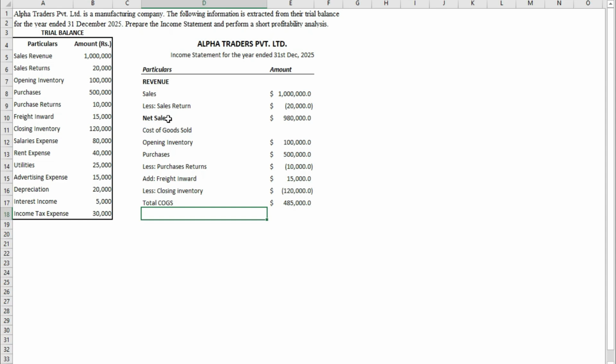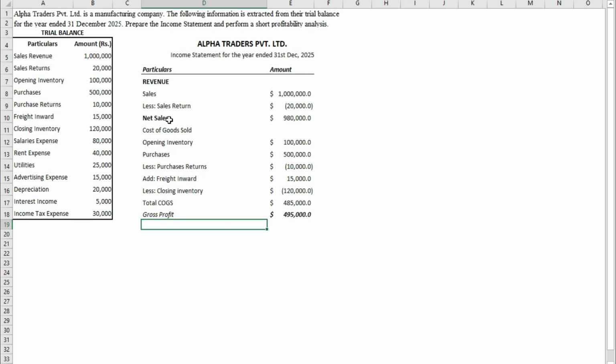So we will add the gross profit here, and the gross profit is actually the net sales, this is our net sales, minus our total cost of goods sold.